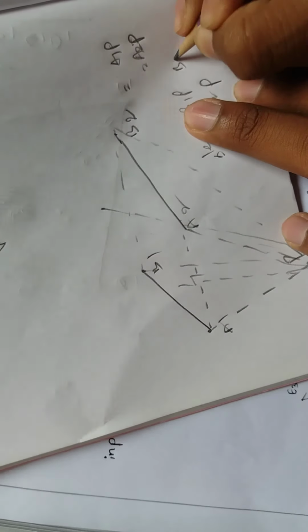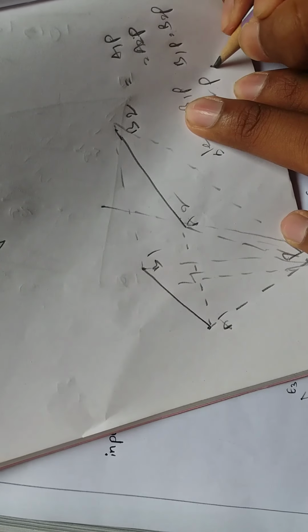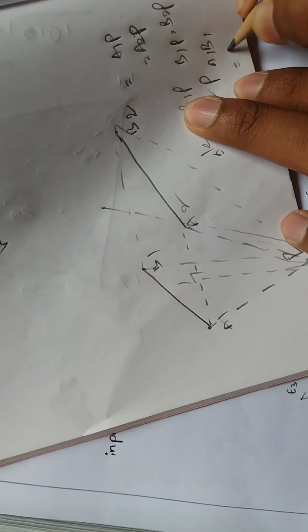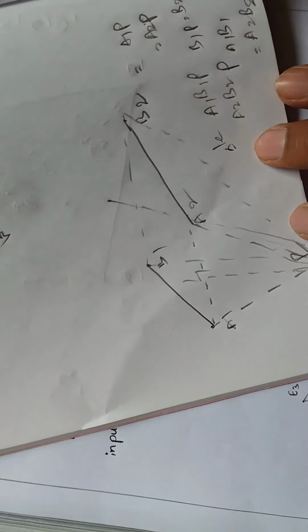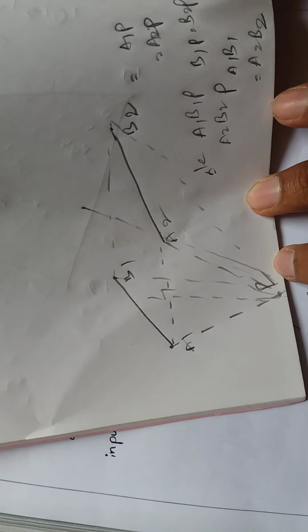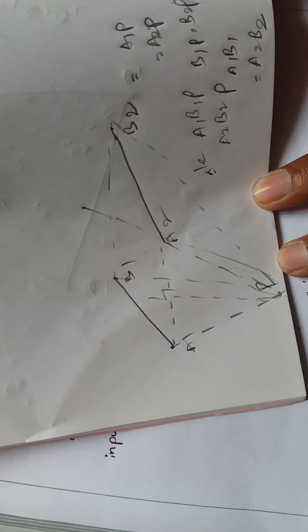Similarly B1P will be equal to B2P, and also A1B1 will be equal to A2B2 because it is the same link. The length of the link will not change. So from these 3 conditions we can say that A1B1P and A2B2P are identical triangles. So keeping these 2 points in mind, we'll proceed to the construction of the 4-bar mechanism by path generation.